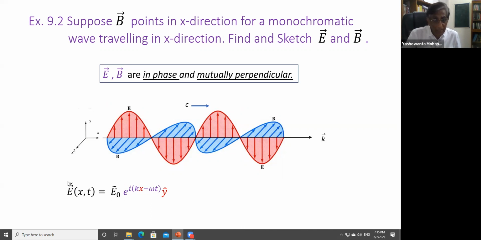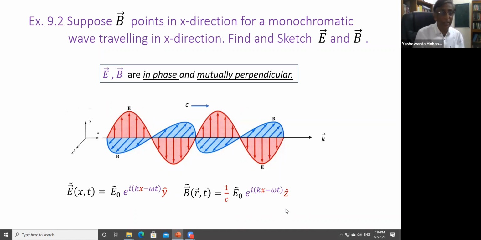This is a vector, and now the direction is taken by y, and this is the complex amplitude. And so B vector complex is of course E by c, 1 by c, but pointing in the z direction. So this was pointing in y direction. This is same as E but divided by c but pointing in z direction.